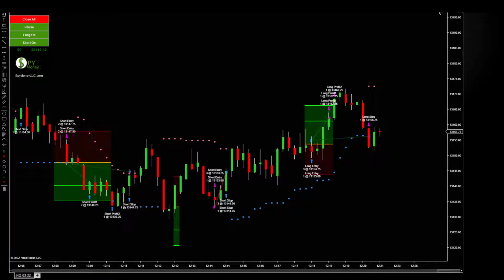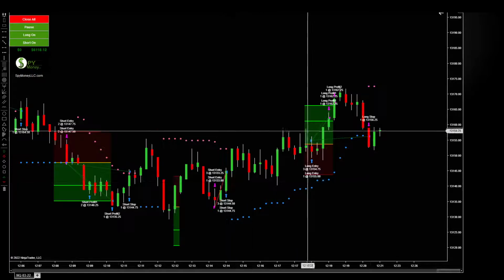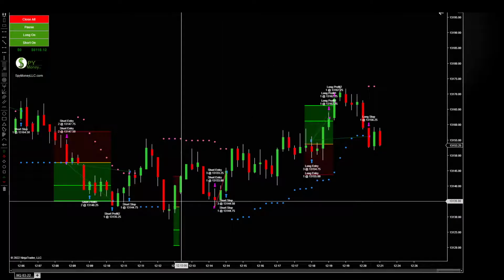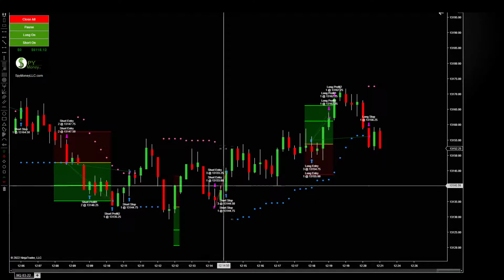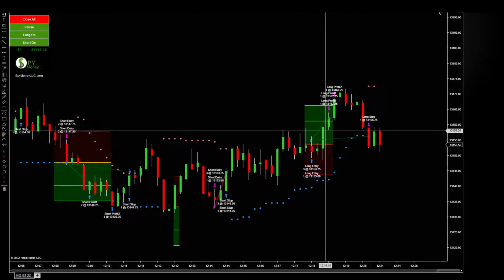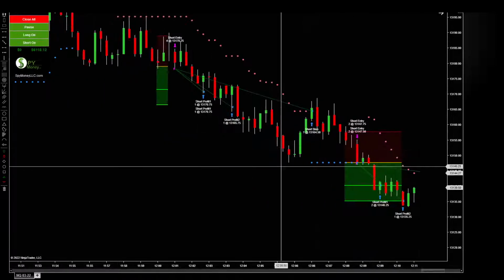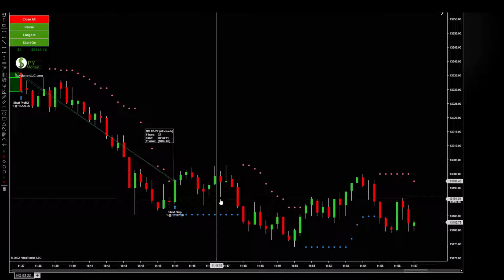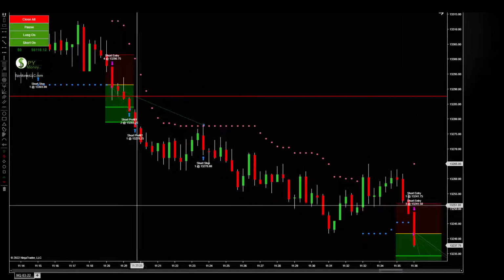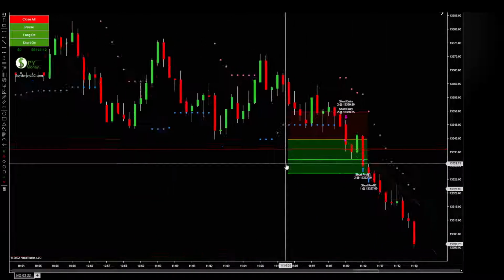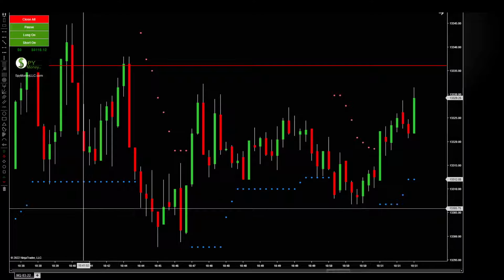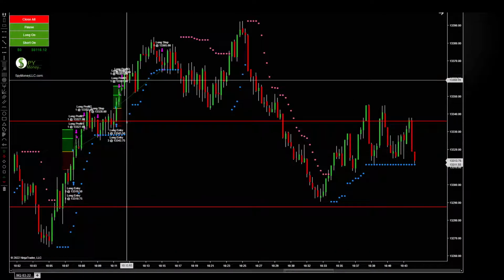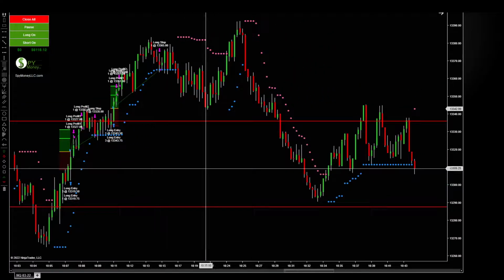There you go. We've had 1 losing trade. This one here, you can see that it entered, but it did stop out, so it was showing a bad trade. So you got 1, 2, 3, 4, 5, 6, 7, 8, 9.